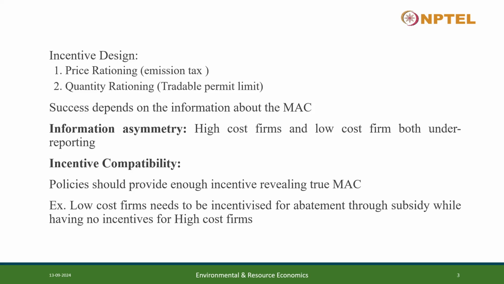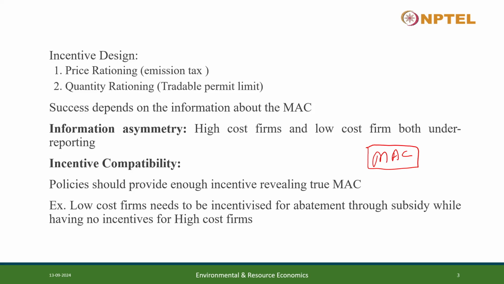So the high cost firm as well as low cost firm show that they have higher marginal abatement cost. So how should the policy be designed? One example is that those firms having lower MSC should be given some incentive so that they reduce the emission, and the higher MSC cost curve firms do not get any incentive.